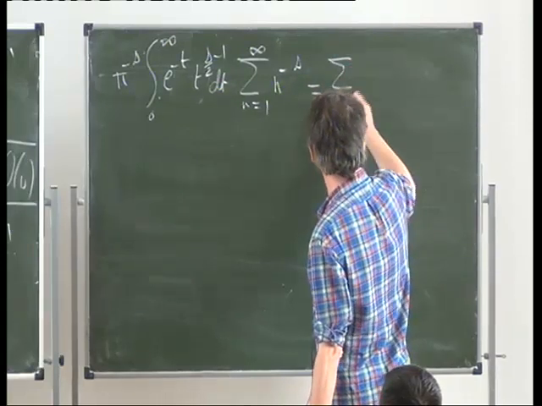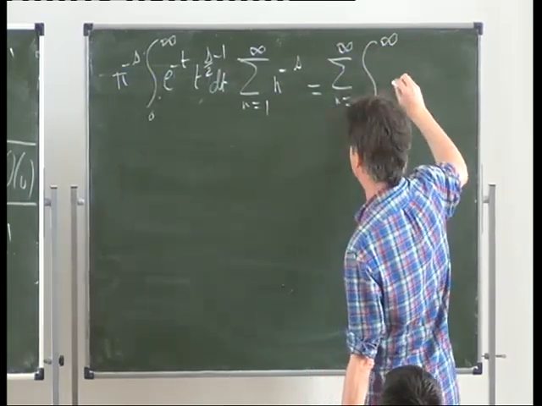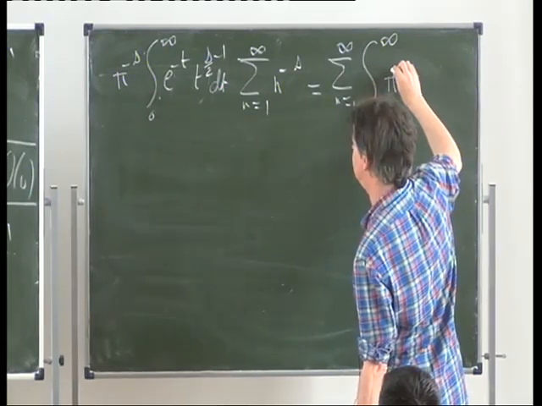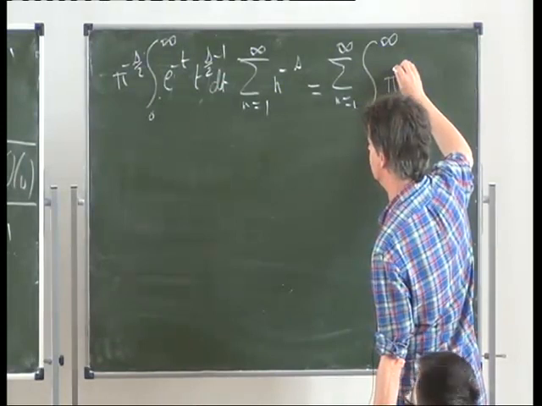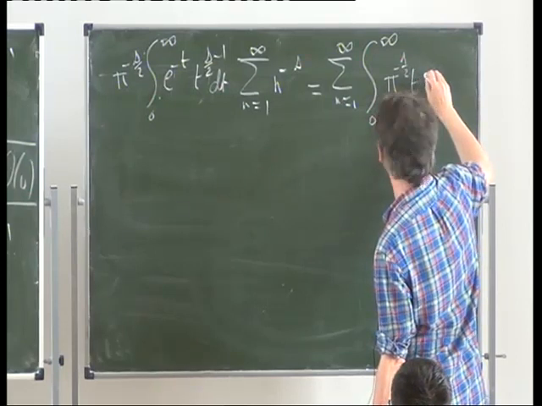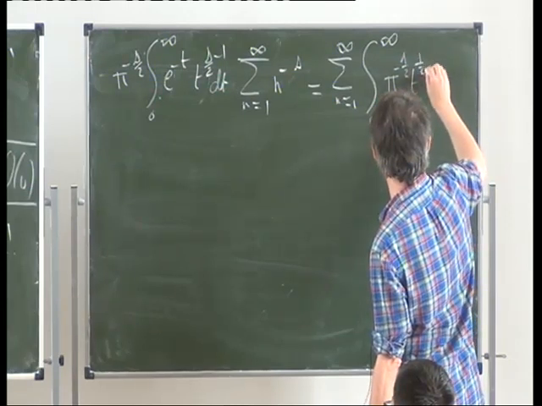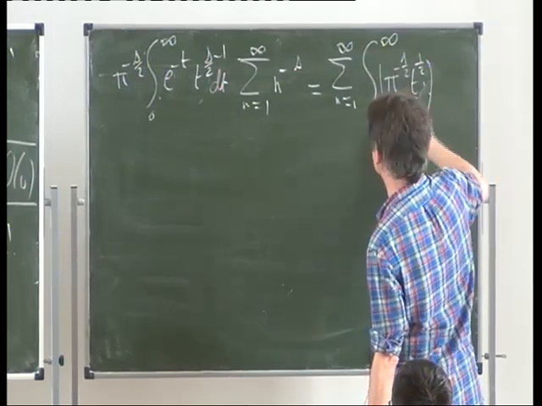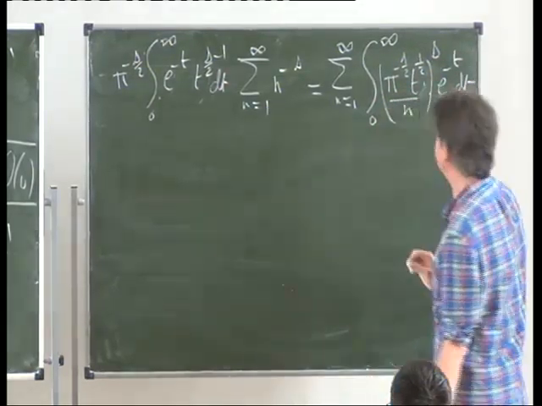If you do that, you end up with the sum of the integral of pi to the power s over 2, pi minus 1 over 2 t, over 2 n, over n to the power s, exponential minus t dt over t.